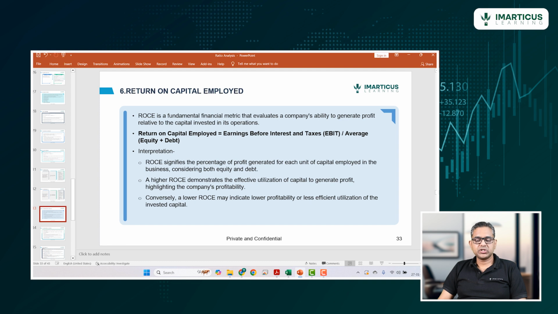Interpretation: ROCE signifies the percentage of profit generated for each unit of capital employed in the business, considering both debt and equity. Higher value demonstrates the effective utilization of capital to generate profit, highlighting the company's profitability. Lower value may indicate lower profitability or less efficient utilization of the invested capital.